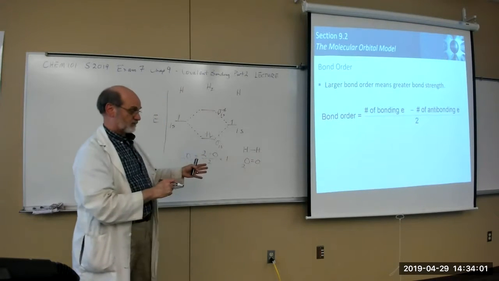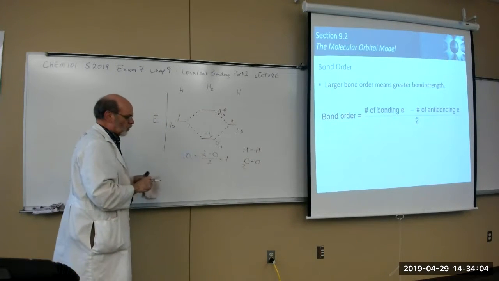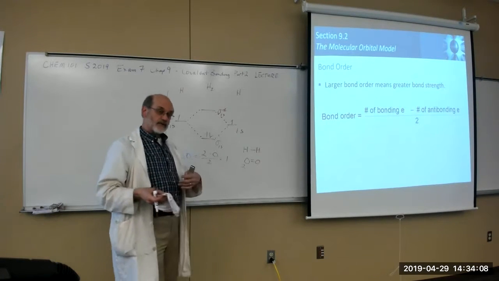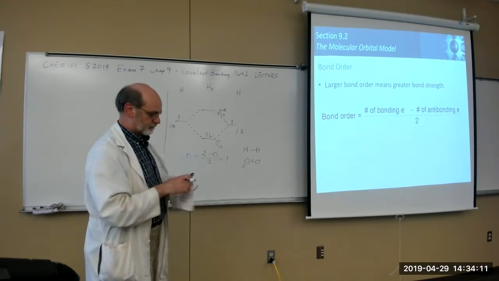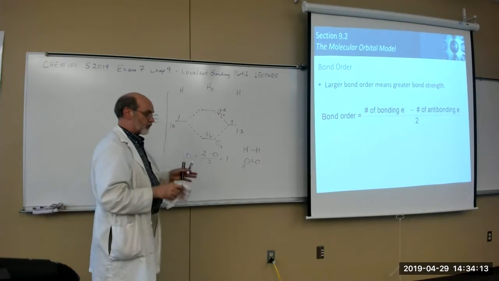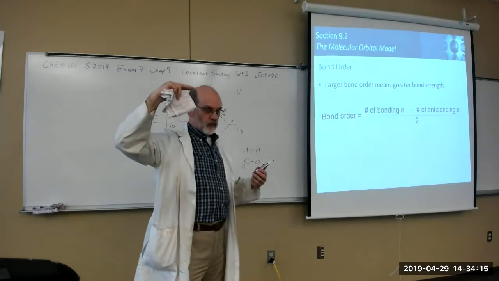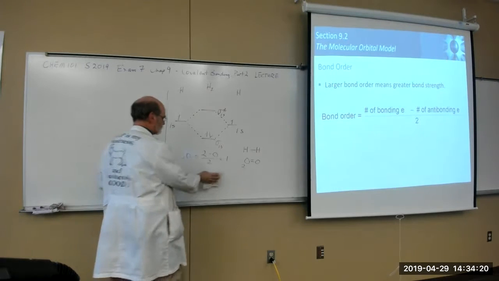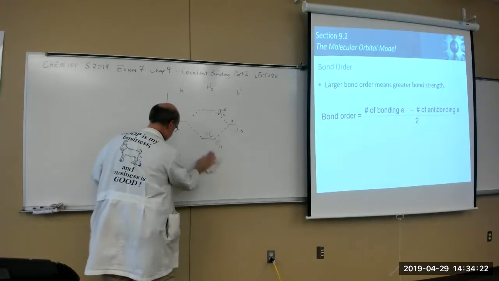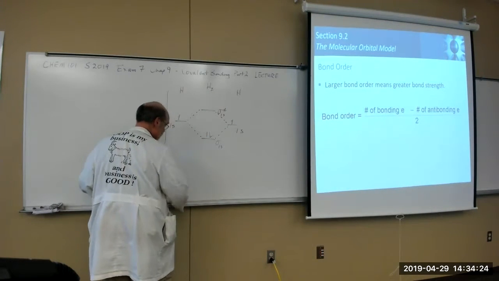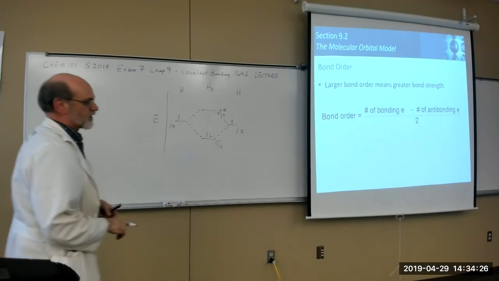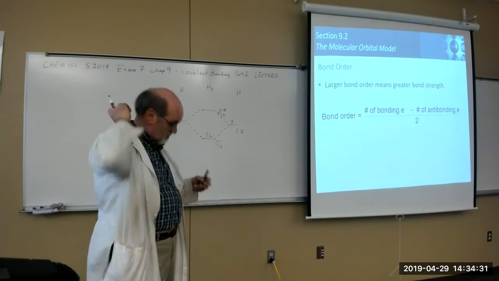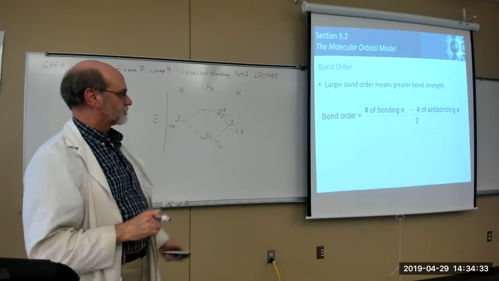And that is true. But it's not a one-to-one correlation. I mean, you can't just say that every time because bond orders can have fractional values as well. But it is true that the higher the bond order, the stronger the bond. So we're going to look at some other examples here in just a minute. But that's one of the few calculations that we have that are required in this chapter: bond order.